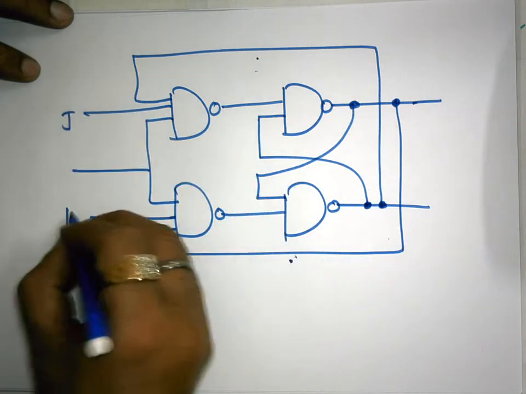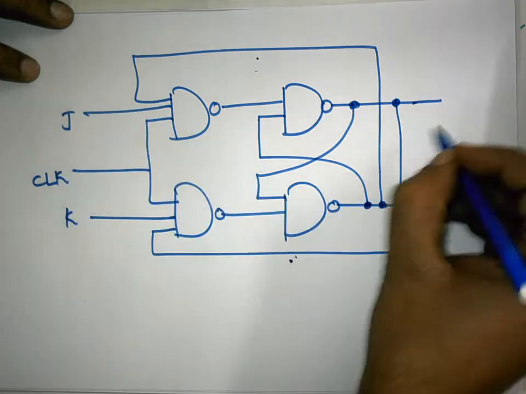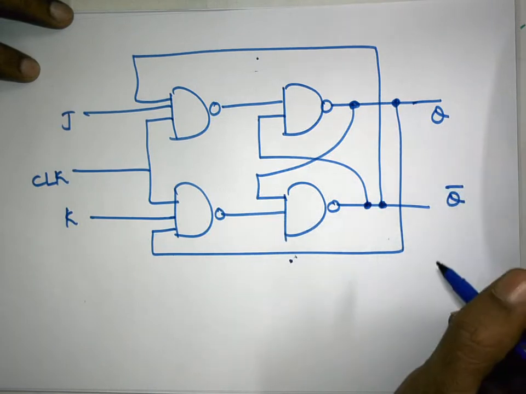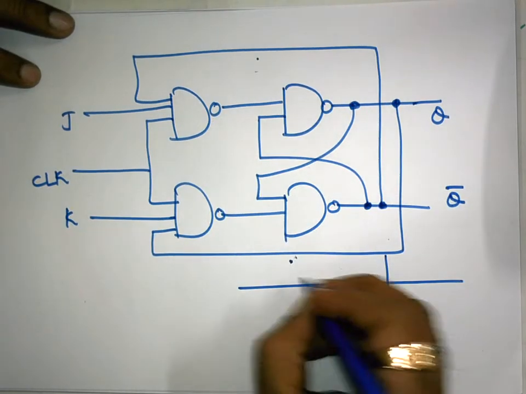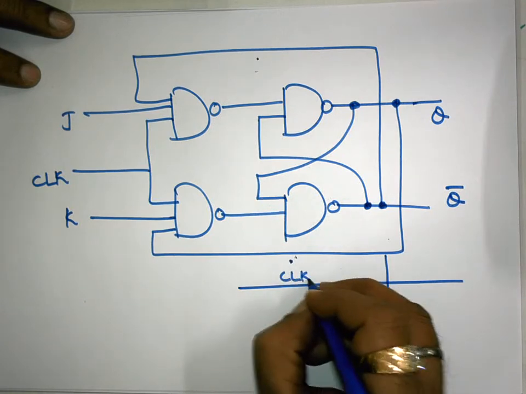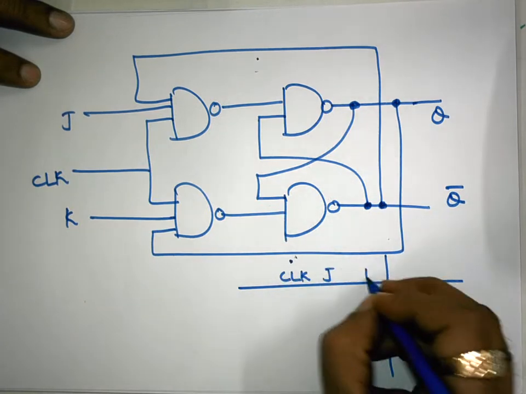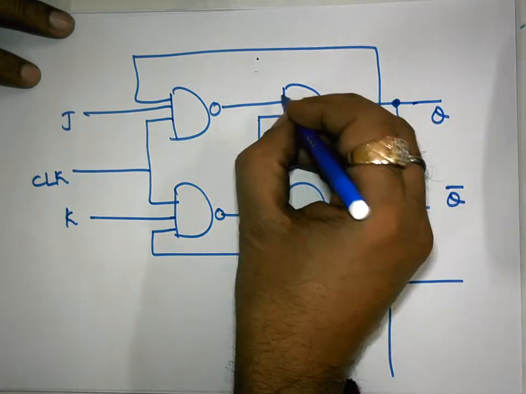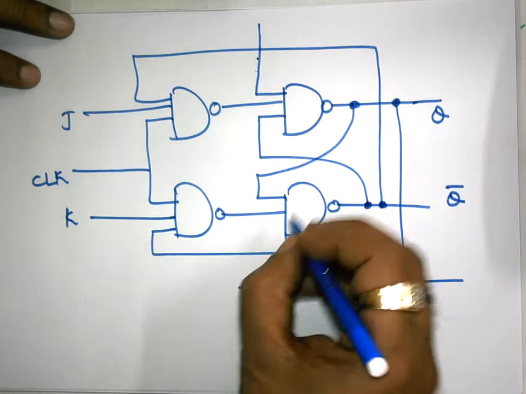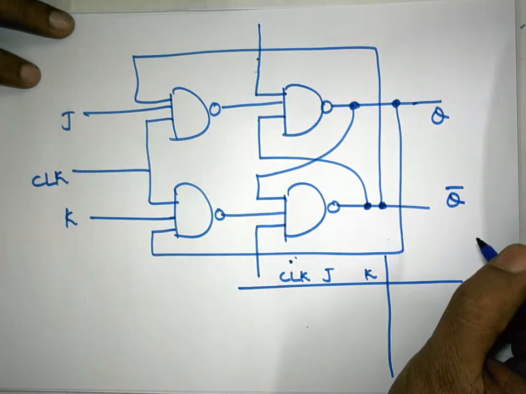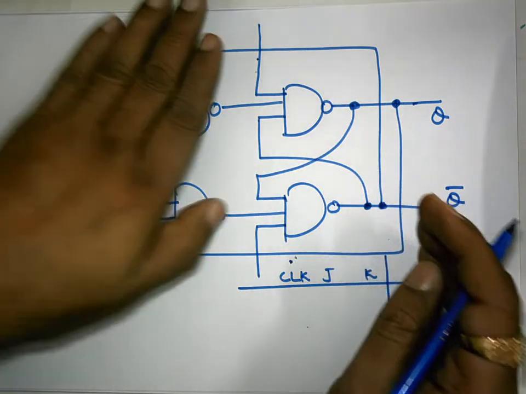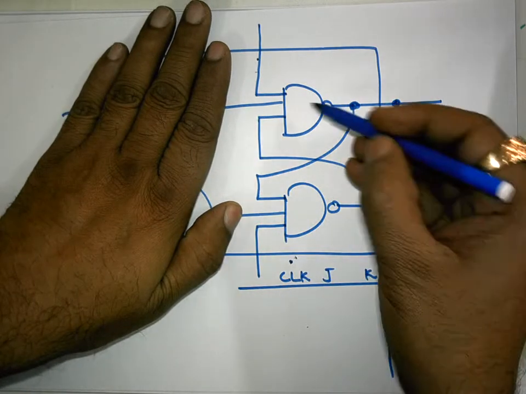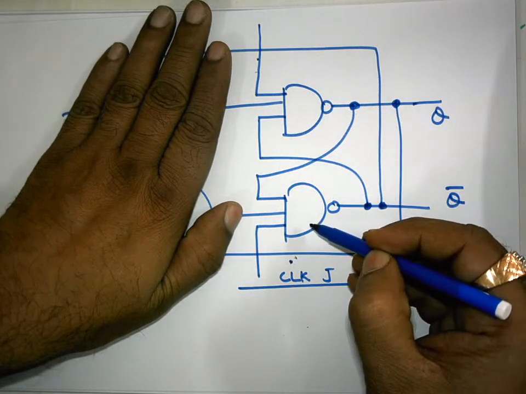Already it has J input, K input, clock input, and Q and Q bar the outputs. We have three inputs: clock, J, K. But here we are inserting, you see, this is simply a set reset input. And if you forget all the other things, this is now a set reset flip flop.